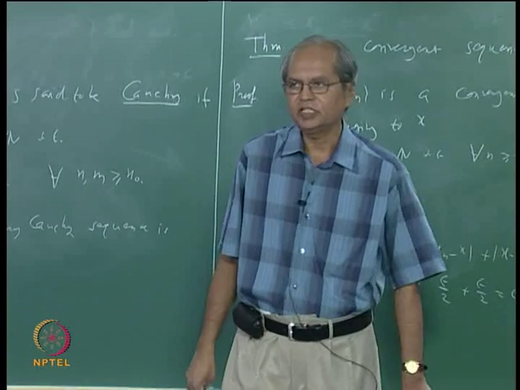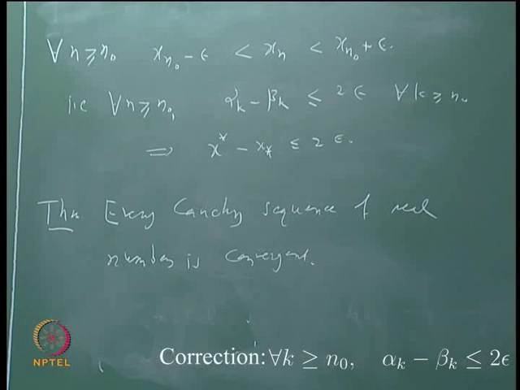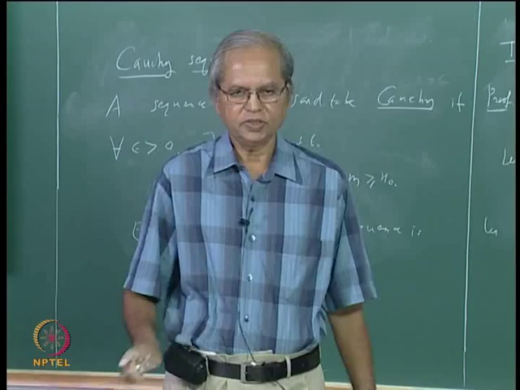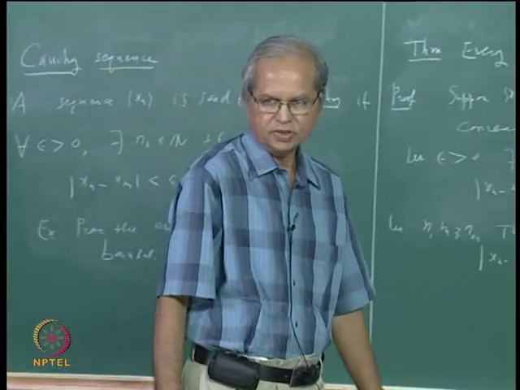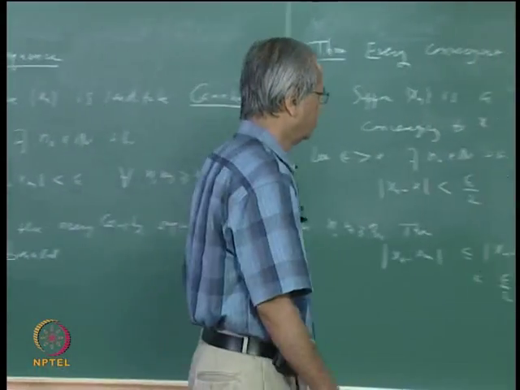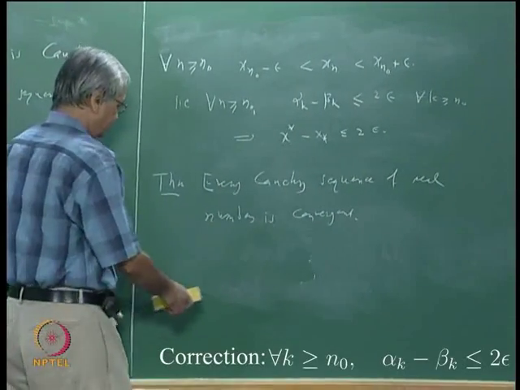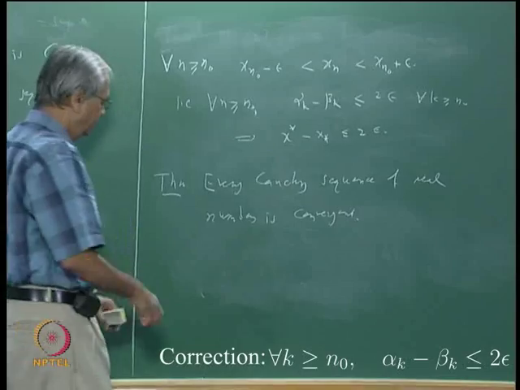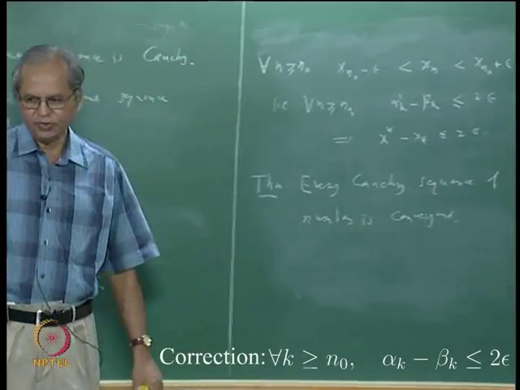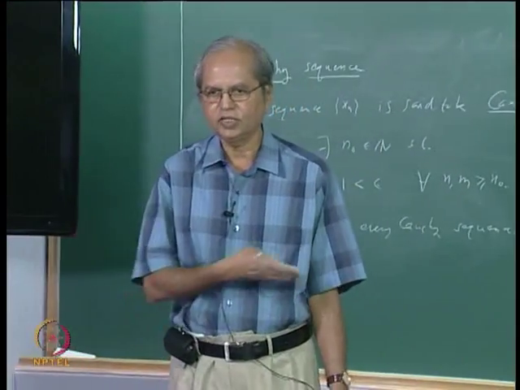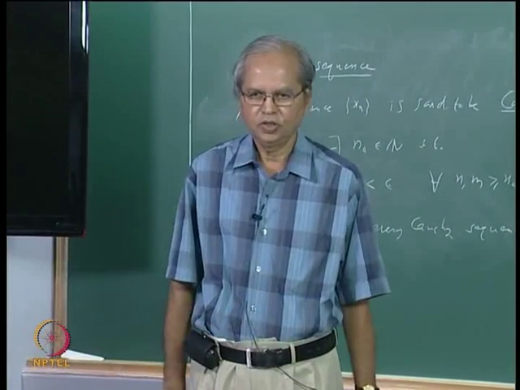As far as sequences of real numbers are concerned, there is no difference between a convergent sequence and a Cauchy sequence. Every convergent sequence is Cauchy and every Cauchy sequence is convergent. This is quite useful in several other concepts which we shall see subsequently. So if we want to give an example of a Cauchy sequence of real numbers, it has to be an example of a convergent sequence.